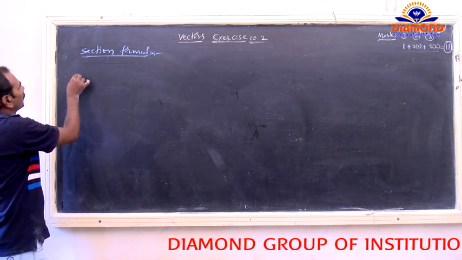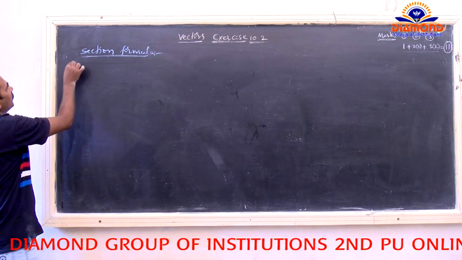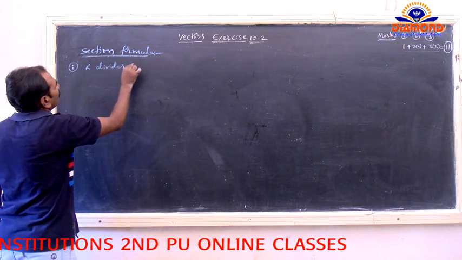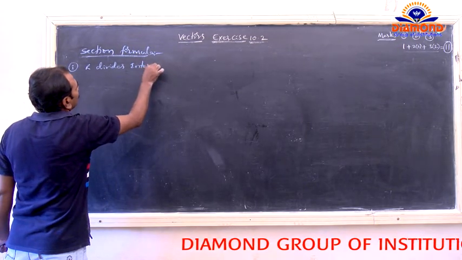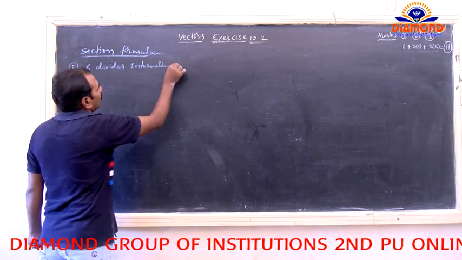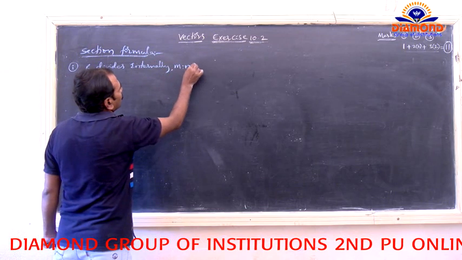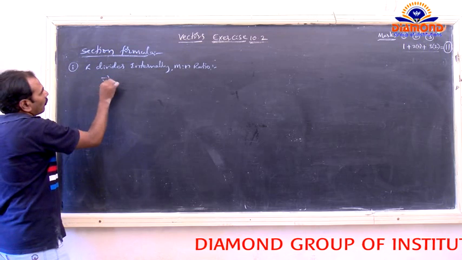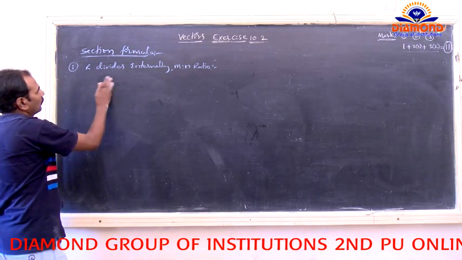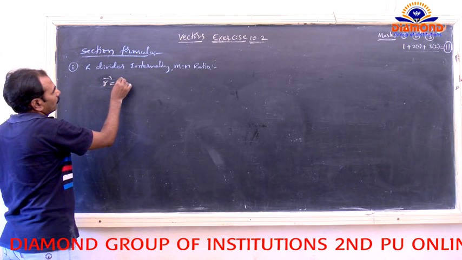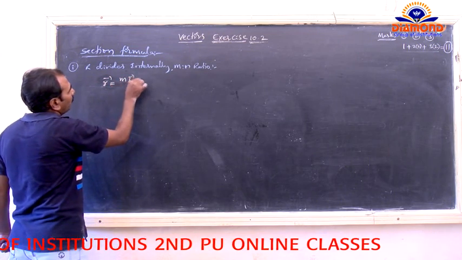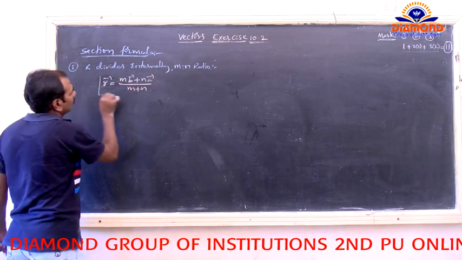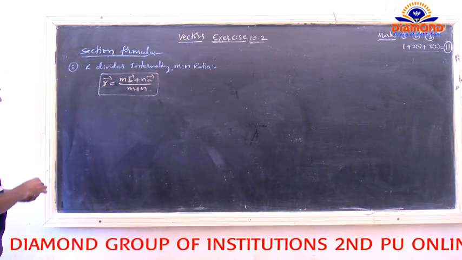So first, the first condition, R divides internally in the ratio M is to N. Then R bar equals (M B bar plus N A bar) divided by (M plus N). This is the formula.